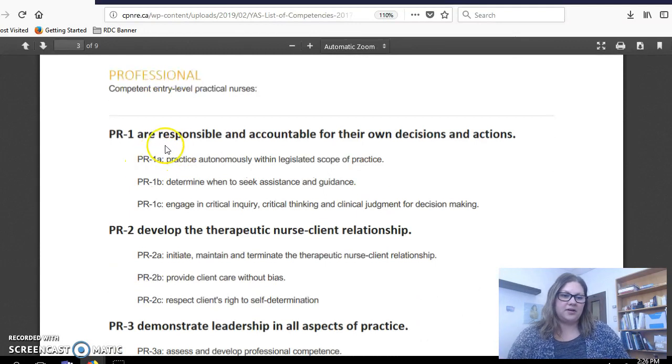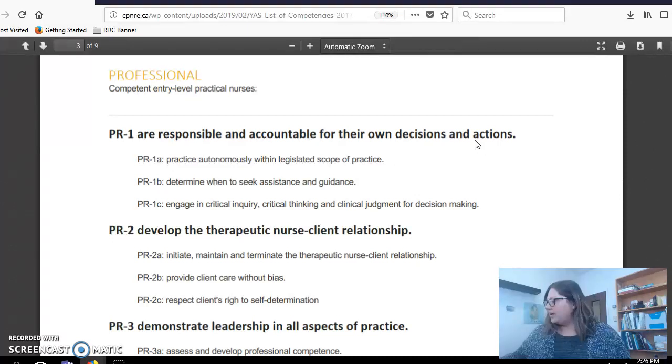Professional practice number 1 is: are responsible and accountable for their own actions and decisions. So practice autonomously within legislated scope of practice. It means they're going to be talking about working within your scope. There'll be some kind of question on the exam related to that, guaranteed. So if you go through all these competencies, you can think about what kind of questions you've seen in exams or that people could ask you.